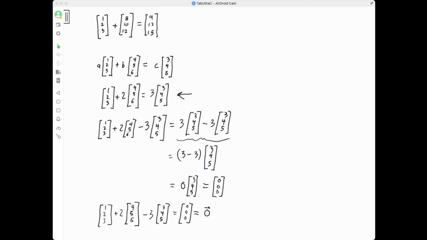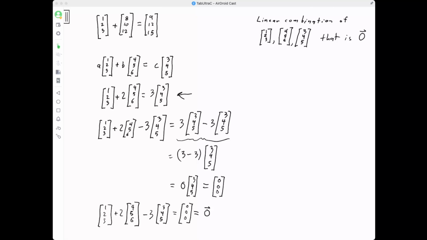What this gives me is that I can build a linear combination of 1, 2, 3, 4, 5, 6, and 3, 4, 5 that is the 0 vector.